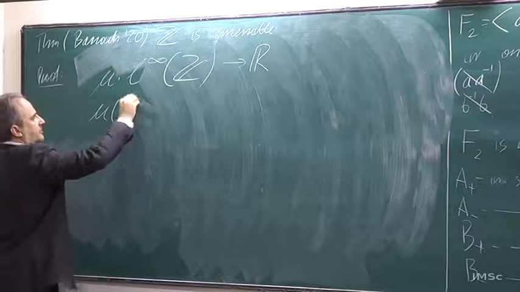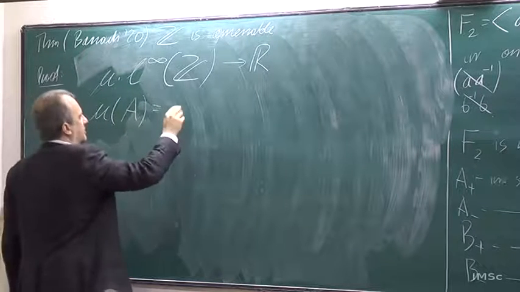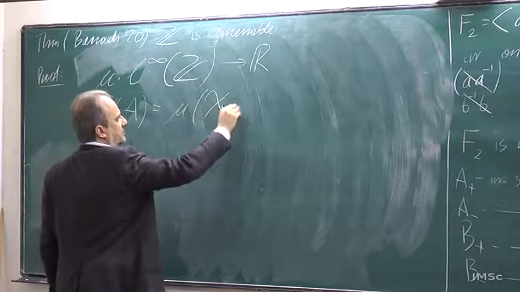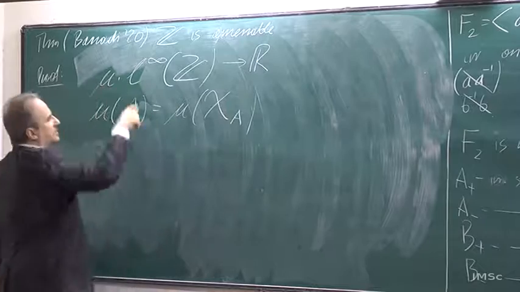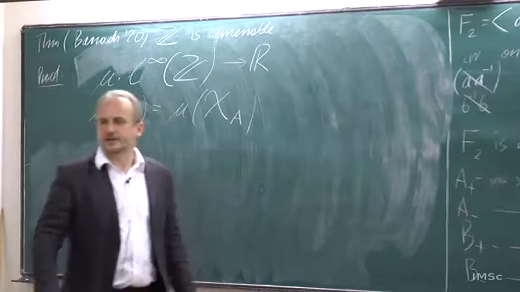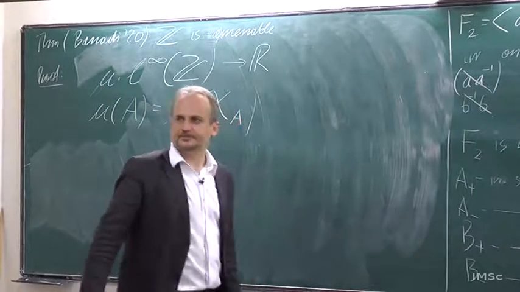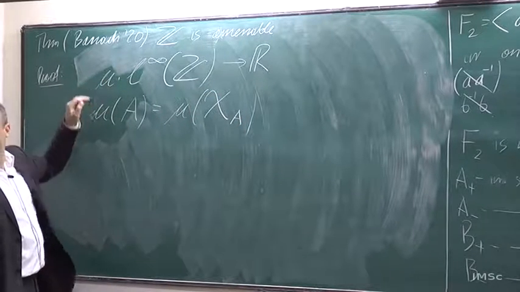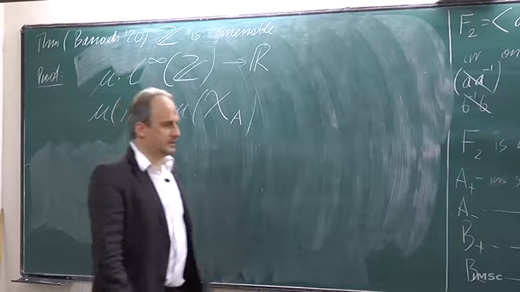So the measure of the subset A will be this functional applied to the characteristic function of the subset. I hope it's not confusing using the same letter for the functional and the measure.